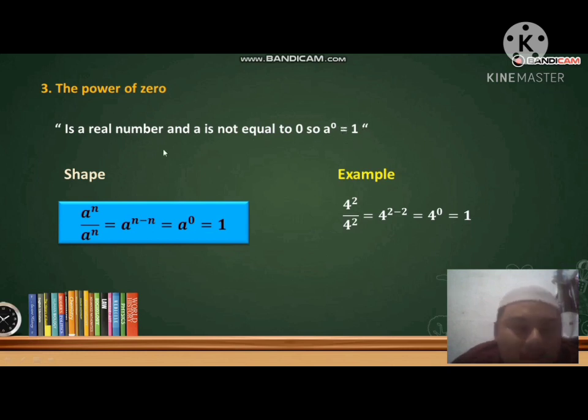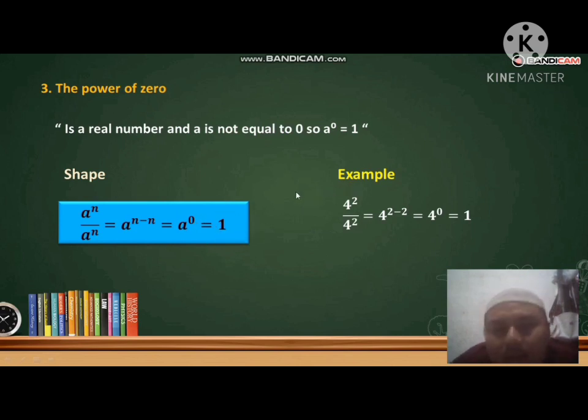Okay friends, remember the form of the power of 0: a to the power of n over a to the power of n equals a to the power of n minus n equals a to the power of 0 equals 1.